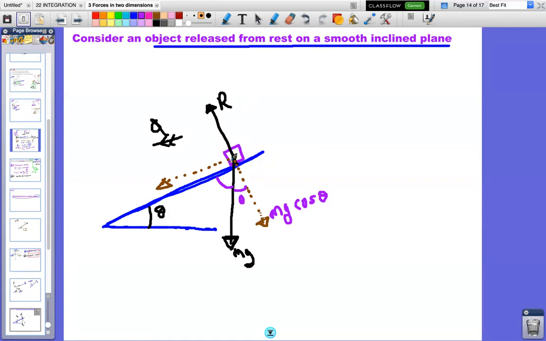And the component of the weight along the plane, since this angle is 90 minus theta, will be mg cosine of 90 minus theta. But the cosine of 90 minus theta is the same as sine theta, so it's mg sine theta. That's the component of the weight along the plane, and this will be the force that will cause the acceleration of the object. Okay?